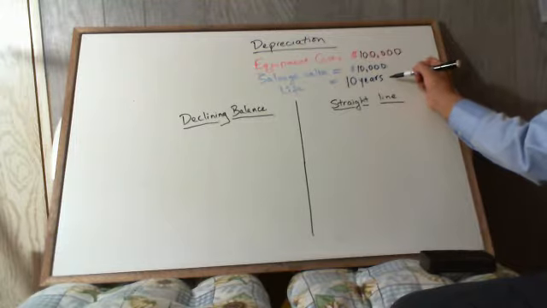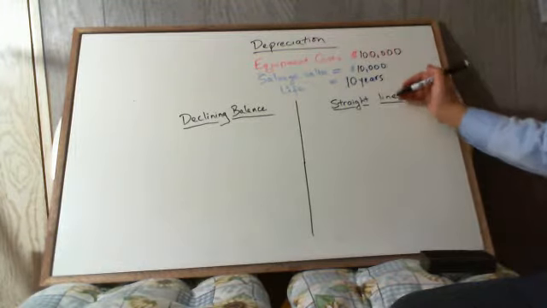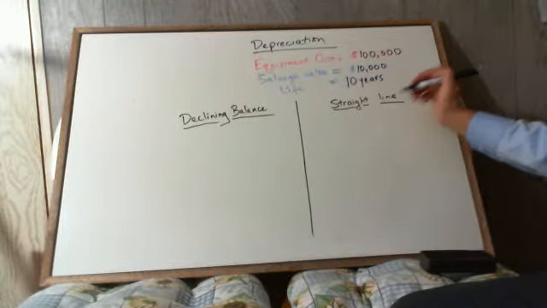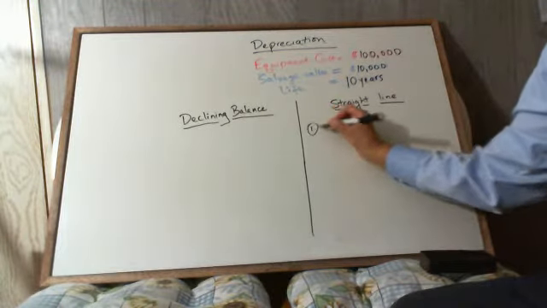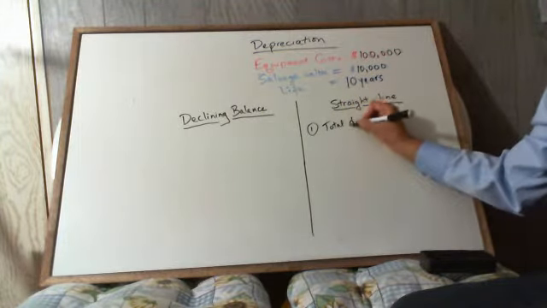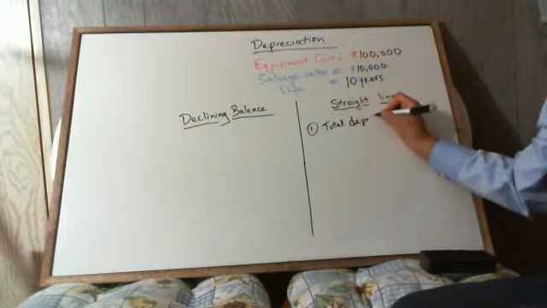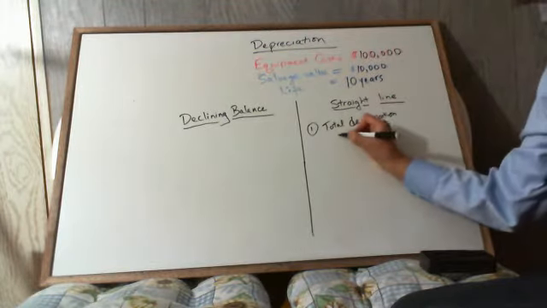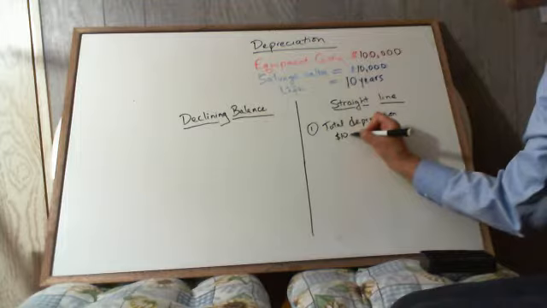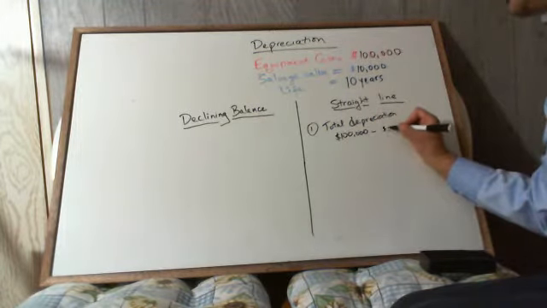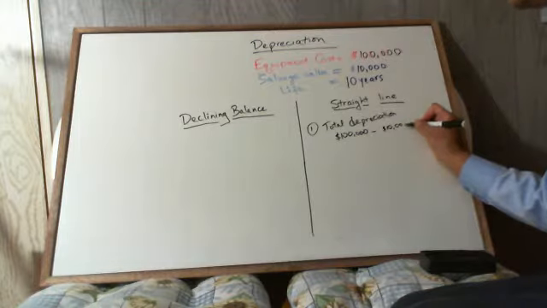In this situation, if we calculate the straight line depreciation, the first step is to calculate the total depreciation. The total depreciation will be the equipment cost, which is $100,000, minus the salvage value, which is $10,000.